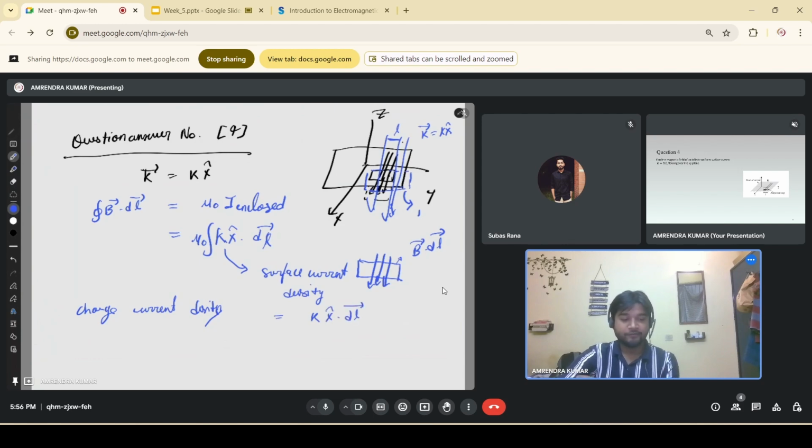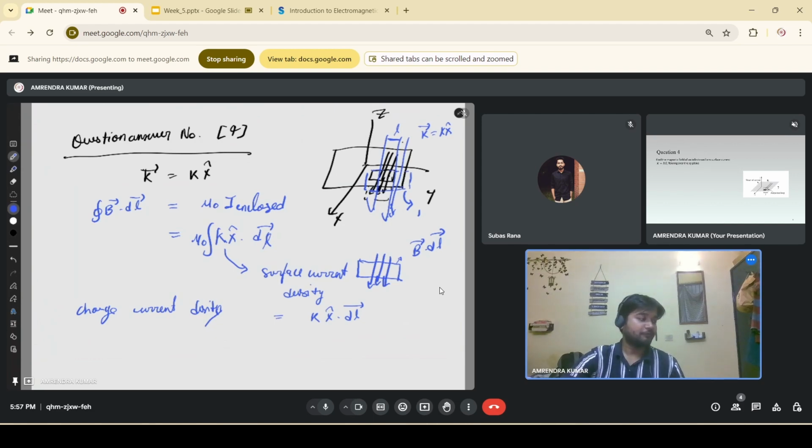Okay. So all the components that are in the x direction will survive, and other components will die out.